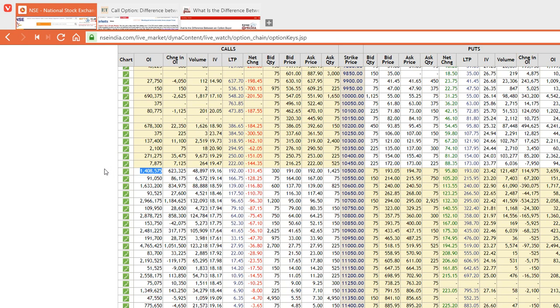Open interest means that on that particular strike price, there are people who are writing more options. It also means that the seller starts the open interest. So the seller comes first and offers a particular price, and there are people who are ready to buy it.